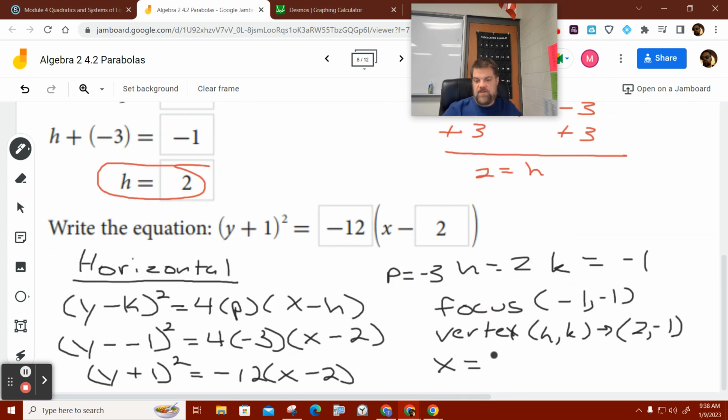So now if I go to graph this in Desmos, I'm going to plug this equation in. And we'll see what we get.